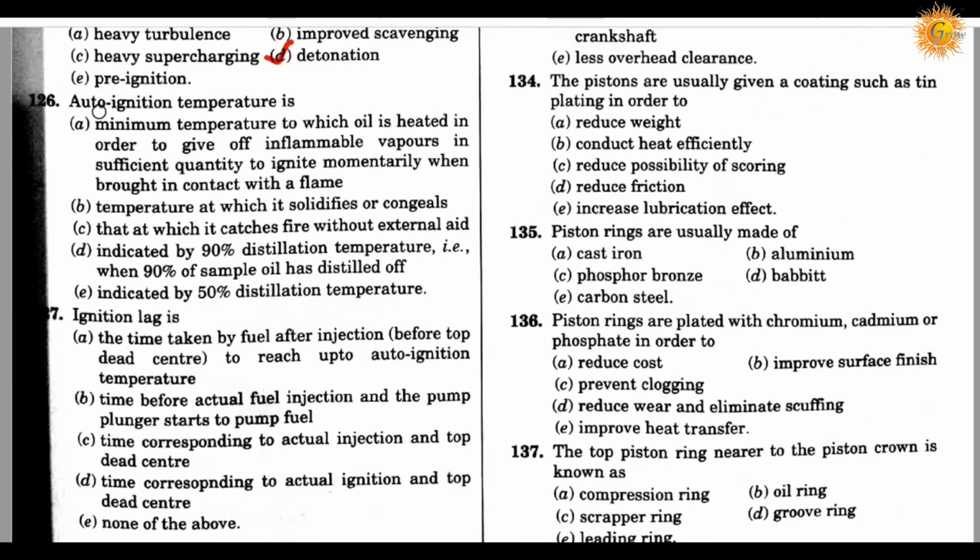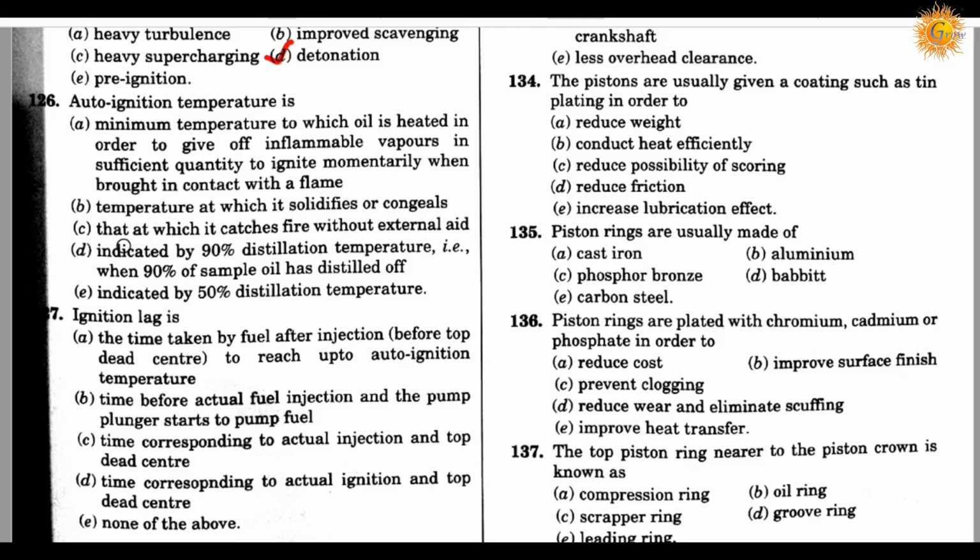Question number 126. Auto ignition temperature is option A, minimum temperature to which oil is heated in order to give off inflammable vapors in sufficient quantity to ignite momentarily when brought in contact with a flame. Option B, temperature at which it solidifies or congeals.